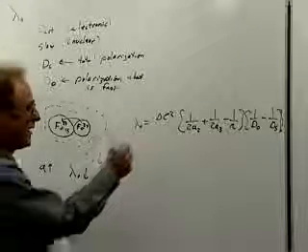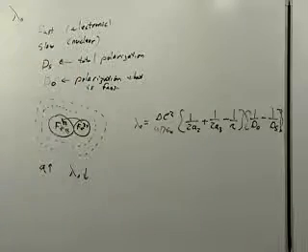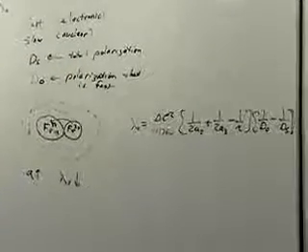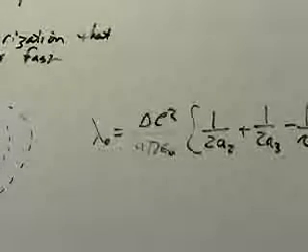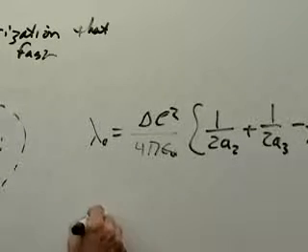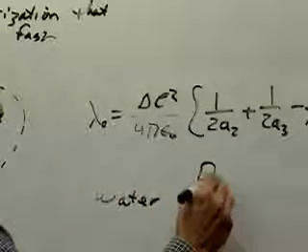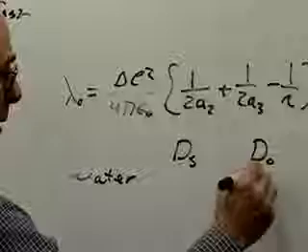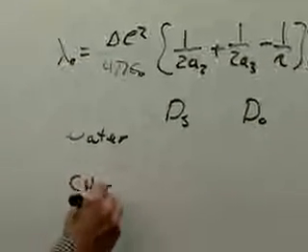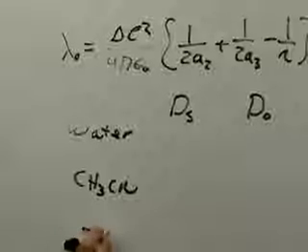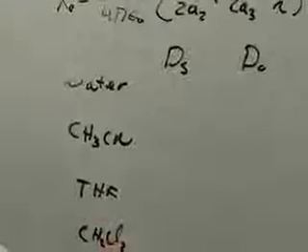They hated it, but it's much easier to calculate if you put those in, because otherwise you have to work in really funny units. Okay, now to get a feel of this, I also have a little table. I have the ds and the d optical, and we have for water, for acetonitrile, for THF, for CH2Cl2, and for hexane.